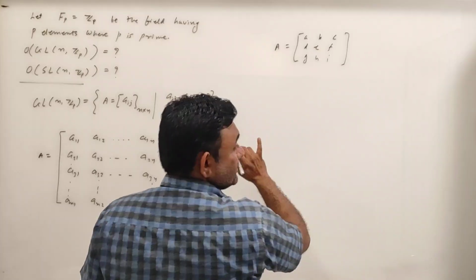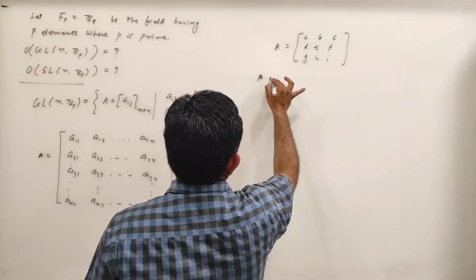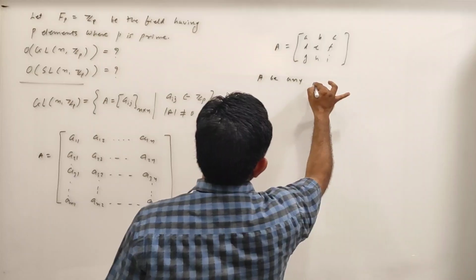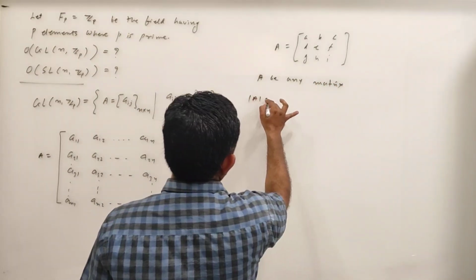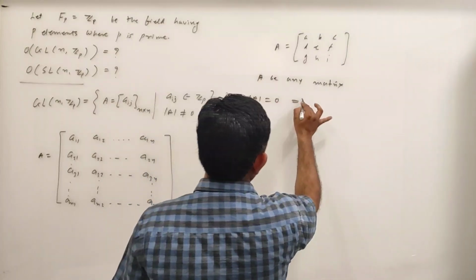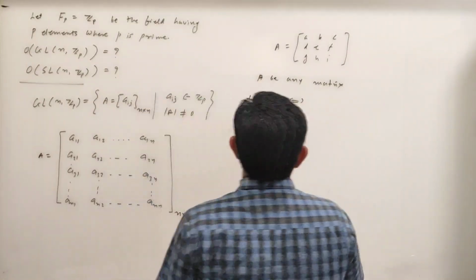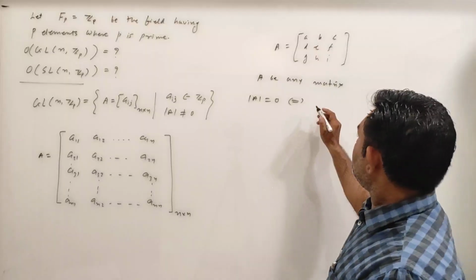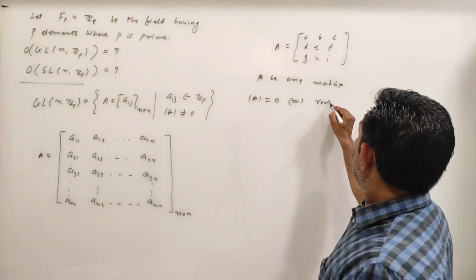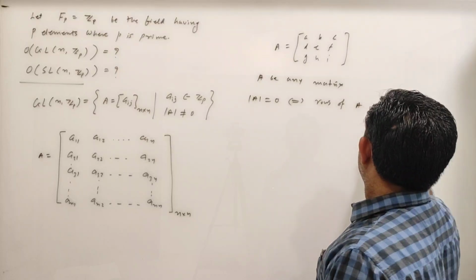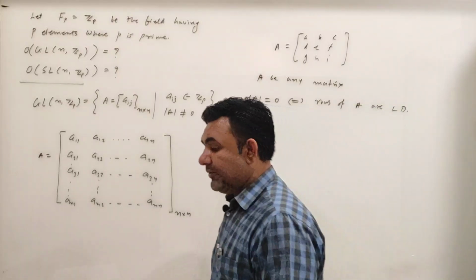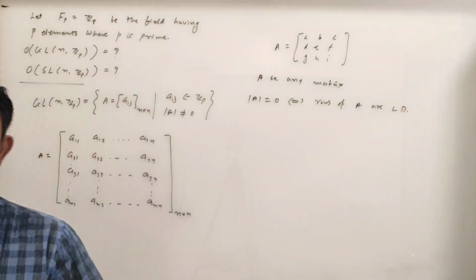Let A be any matrix. Then the determinant of A equals 0 if and only if the rows of A are linearly dependent.